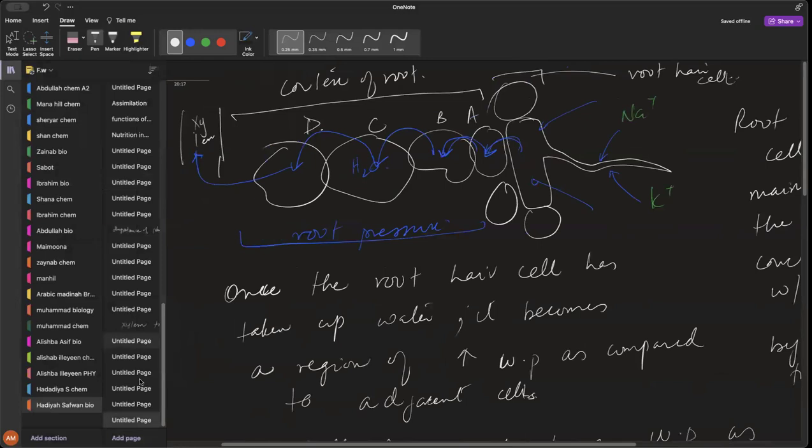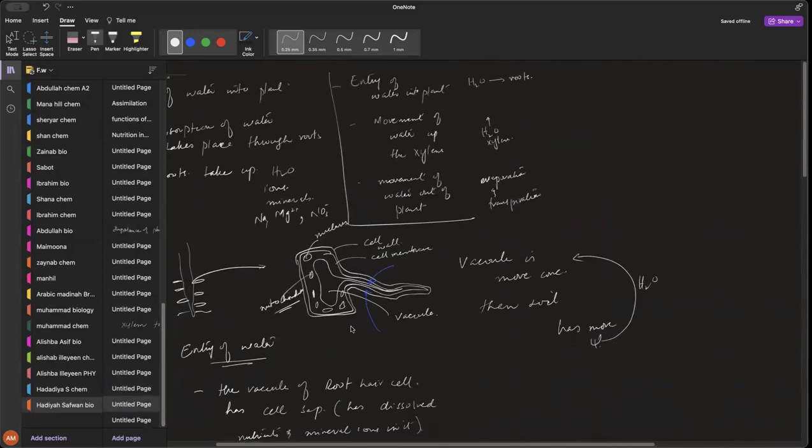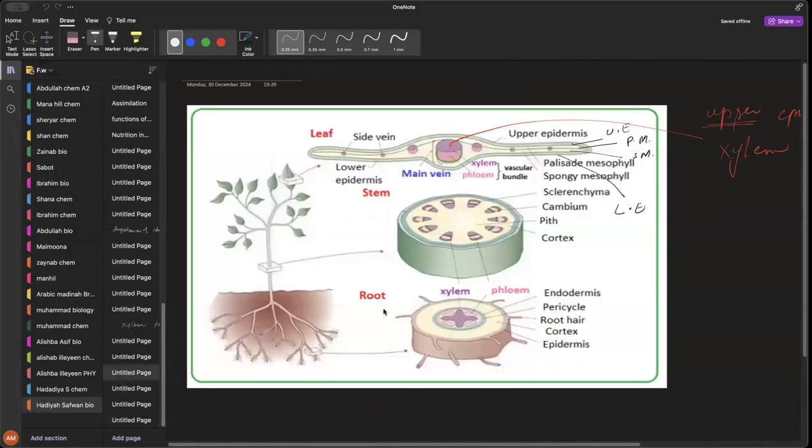If you could recall the images, this is the root. The root xylem is present in between. These are the cortex cells here. Remember, the water moves from the root hair to the cortex cells and into the xylem vessel, like that.